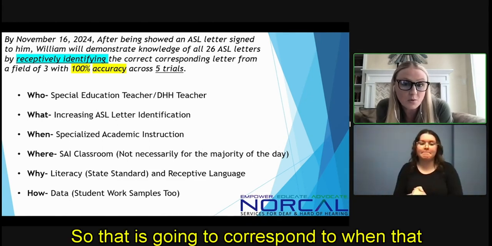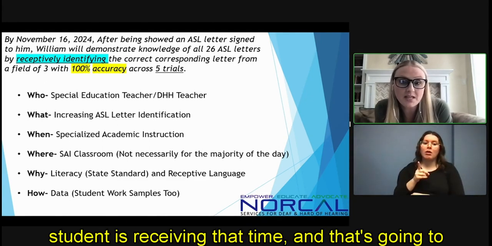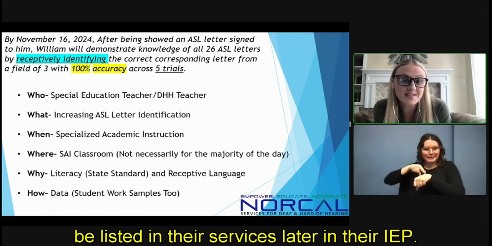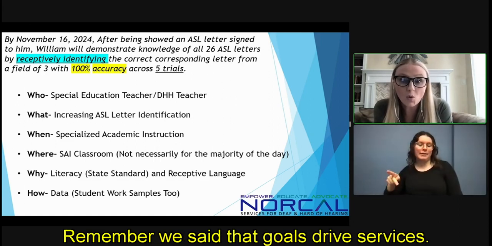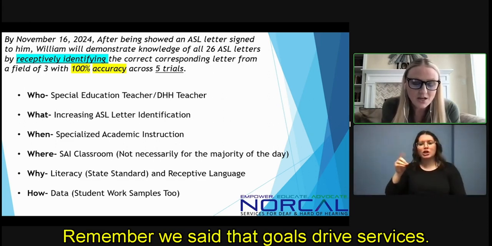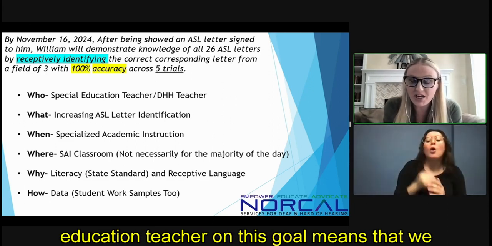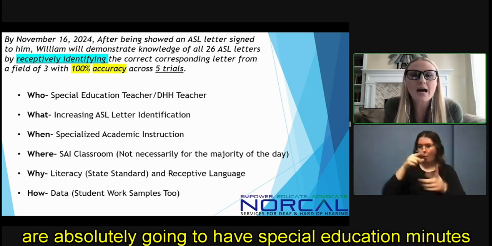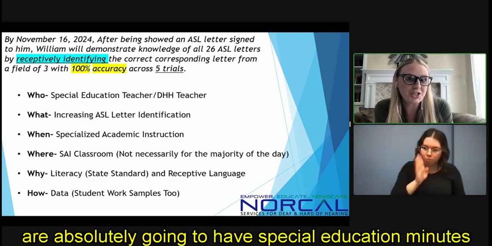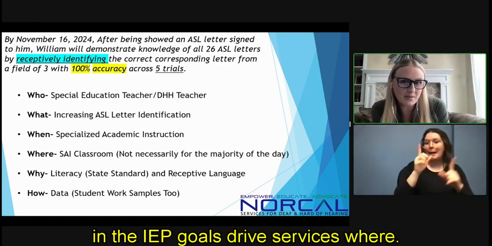So that is going to correspond to when that student is receiving that time, and that's going to be listed in their services later in their IEP. Remember, we said that goals drive services. So the fact that we have a special education teacher on this goal means that we are absolutely going to have special education minutes in the IEP.